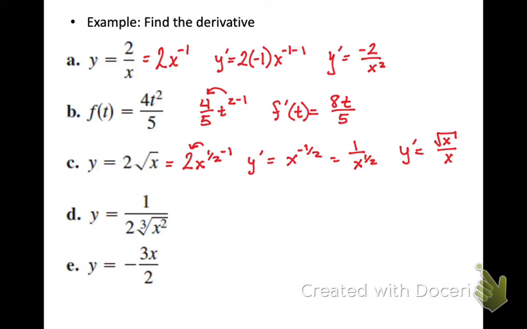I forgot to erase them. If you need more, please let me know and I will assign you some IXLs. Because if we get these down, when we go on to our product, power, quotient, and chain rules, this needs to be like multiplication. That's how fast this needs to come.